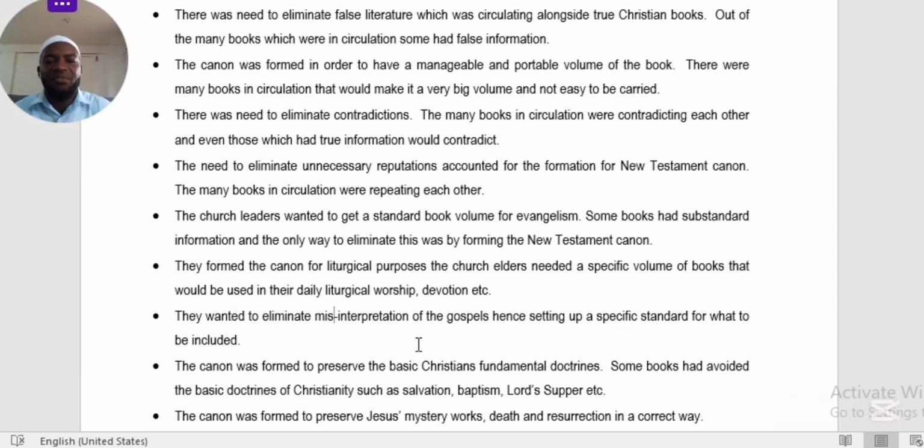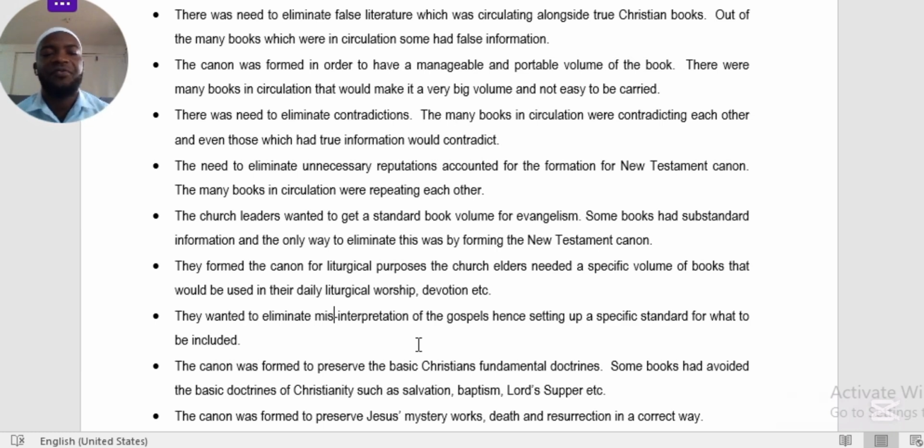But once the volume is not that big, reading becomes very easy. So the church leaders wanted a standard volume of a book for easy evangelization.